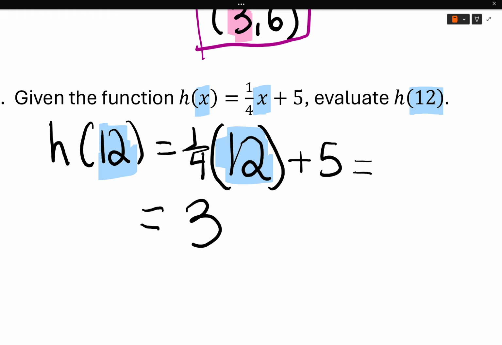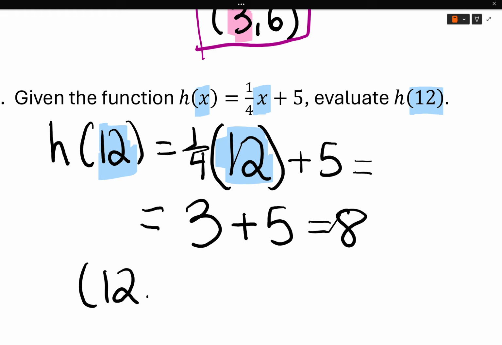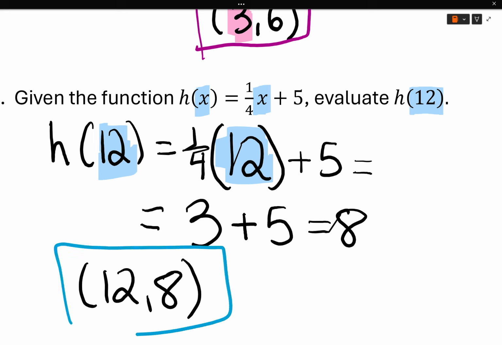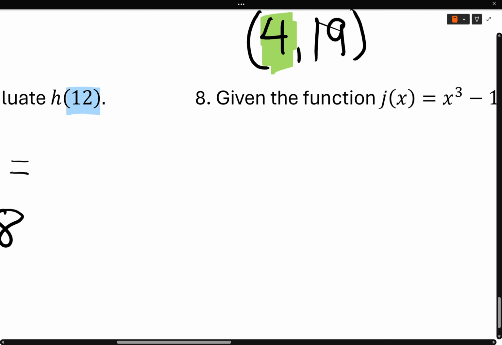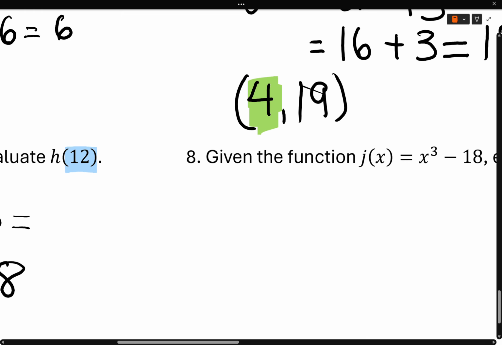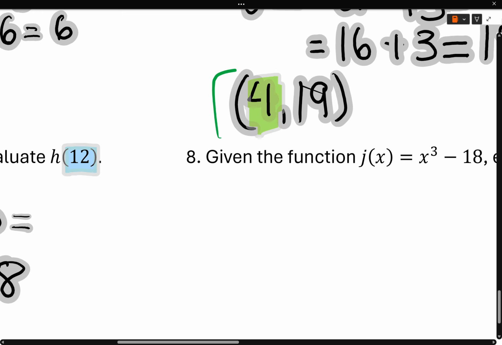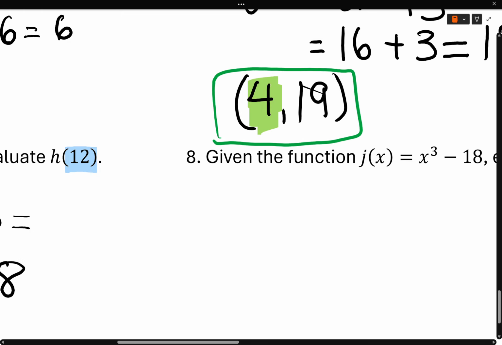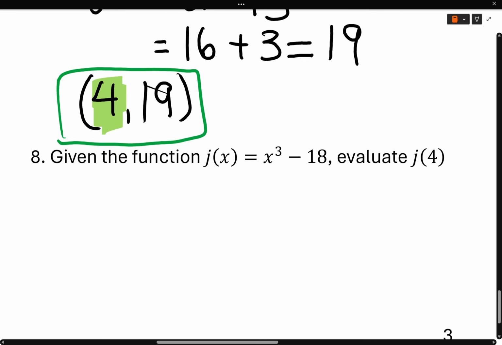Now it's 1/4 times 12. And we still have the plus 5. Right. 1/4 times 12 is 3. And of course you can use a calculator to solve that. 3 plus 5 gives us 8. So our answer, 12, 8. It's 12, 8 because we plugged in 12. And we got 8 as our answer.